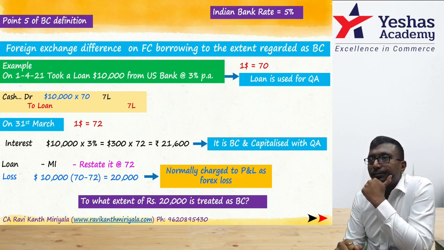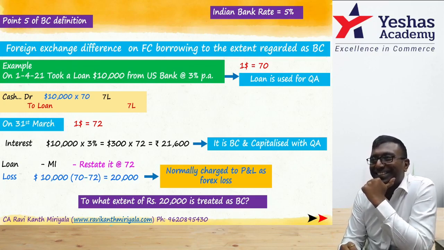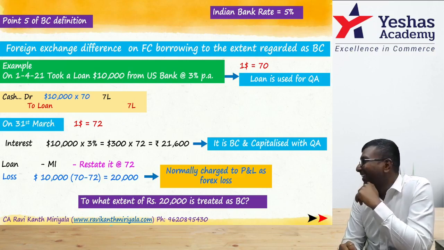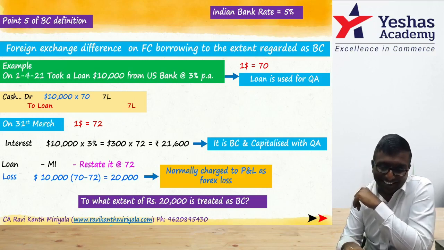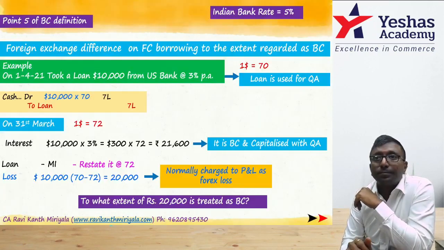Yeah, shall we go ahead? MI means monetary item. Monetary item. Huh? Mumbai Indians. Writing something. Yeah.